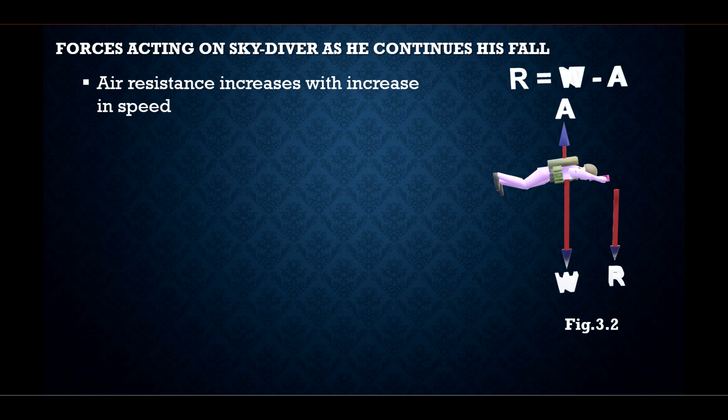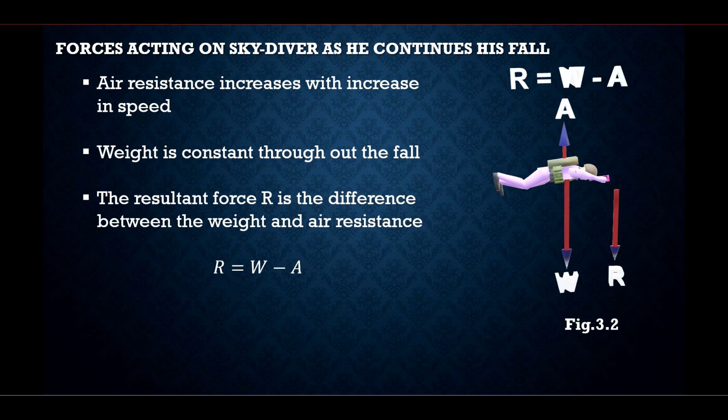Number 2. Weight is acting vertically downwards, in the direction of motion of the skydiver. As mentioned earlier, weight remains constant throughout the fall. Number 3. By looking at the size of the arrows in figure 3.2, we see that weight is greater than air resistance at this point.